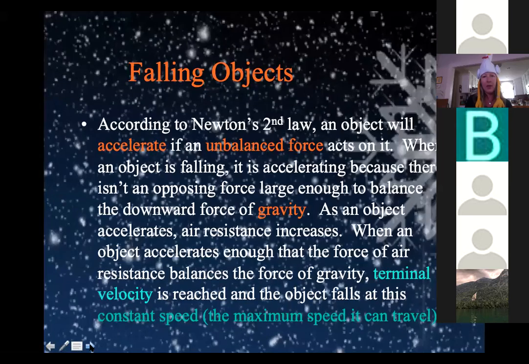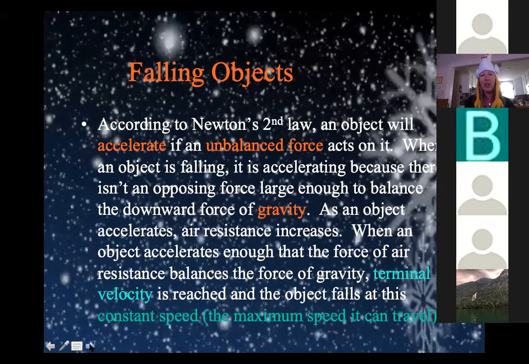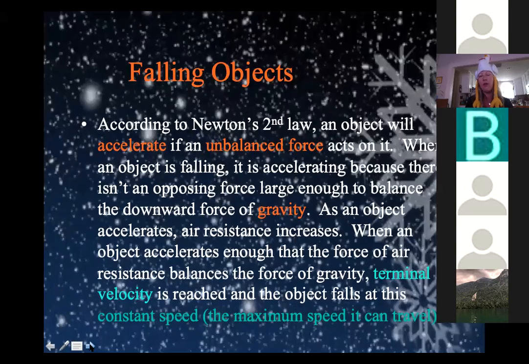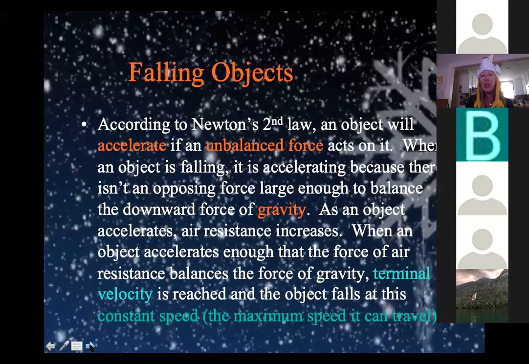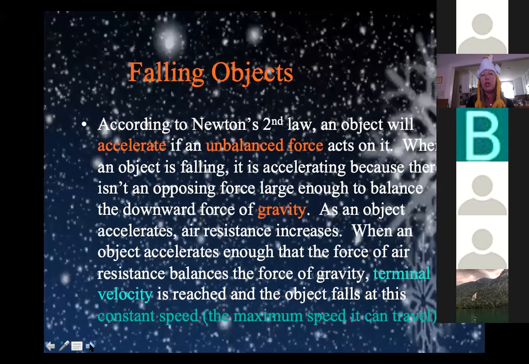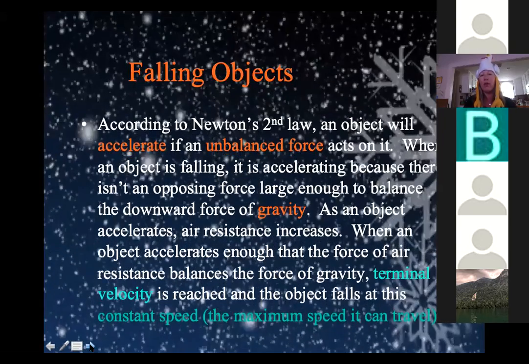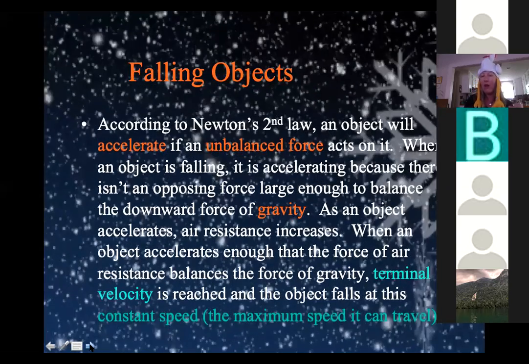All right, so according to Newton's second law, an object will accelerate if an unbalanced force acts on it. When an object is falling, it's accelerating because there isn't an opposing force large enough to balance the downward force of gravity. So in other words, there's air resistance, but it's not enough to offset gravity.